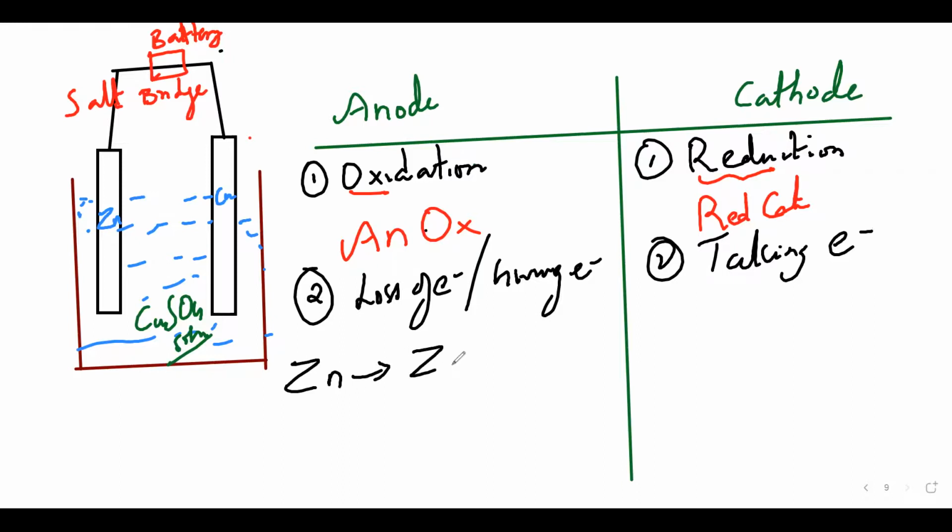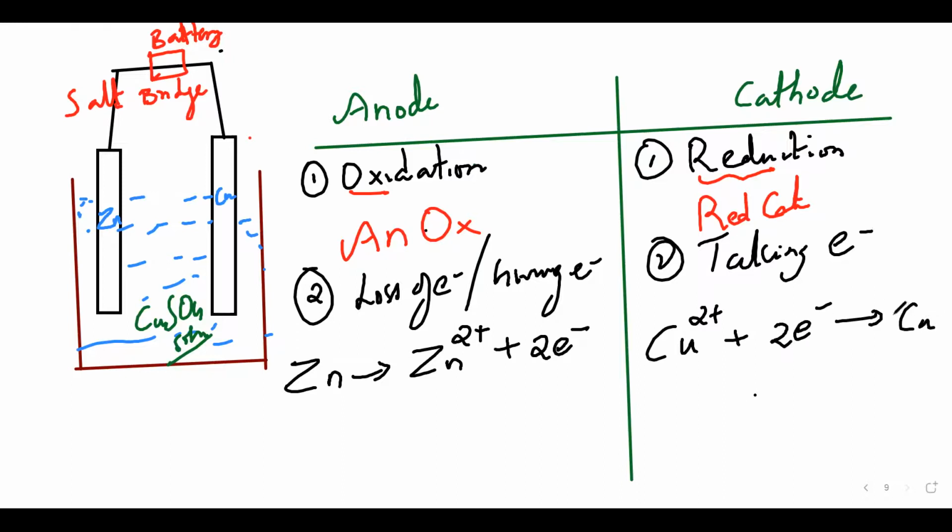So zinc will give what? 2 electrons to form the zinc ion. It will liberate or give away 2 electrons. And who will take this? The copper. The copper will take these 2 electrons to give Cu. I'm not going to balance now. Even if I balance or don't balance, not a problem, because the question is not for balancing.